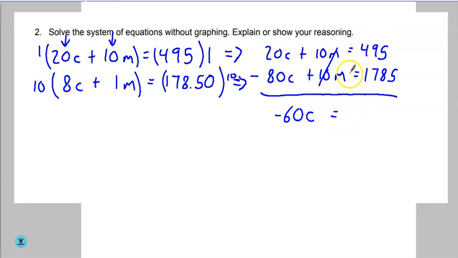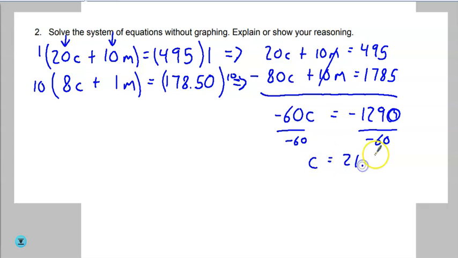And then 495 minus 1785, you might need your calculator. 495 minus 1785 gives you negative 1290. And then divide by negative 60. C is 21.5.